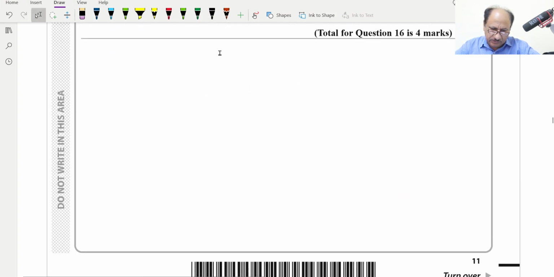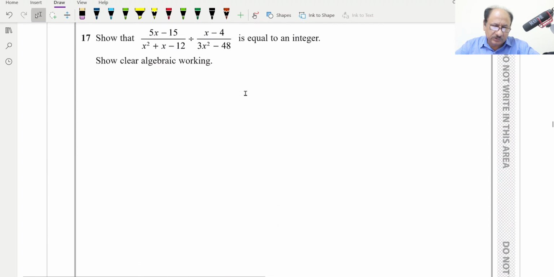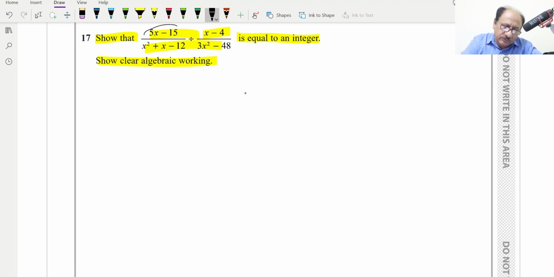Now next is algebraic fractions. Show that this one is equal to an integer and show your algebraic working also. So we will factorize this part first.